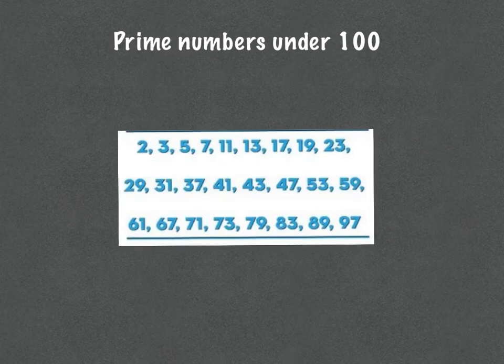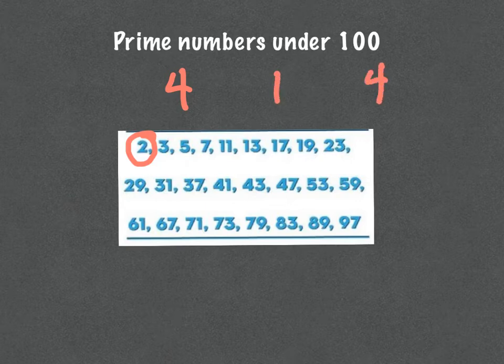These are all the prime numbers that are under 100. You can see on here, the number 2 is the only even number that is prime. And that's because every other even number has the number 2 as a factor. So even the number 4, which doesn't have a lot of factors, has the numbers 1 and 4, right?